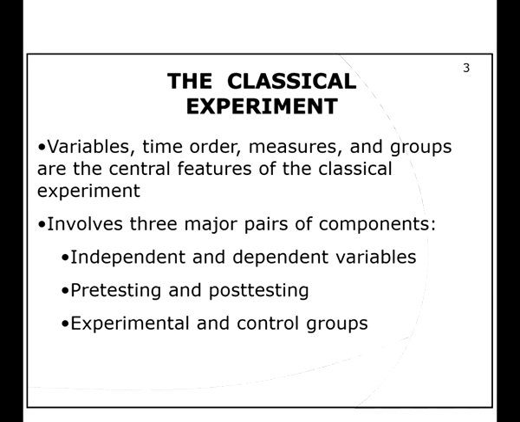And then your experimental and control groups. Like I said, you have one group where you deliver the treatment, and then another group that's a control group that doesn't get the treatment. You usually don't want the groups to know who has the treatment and who doesn't, and oftentimes you don't even want the researcher to know because that can bias your results.